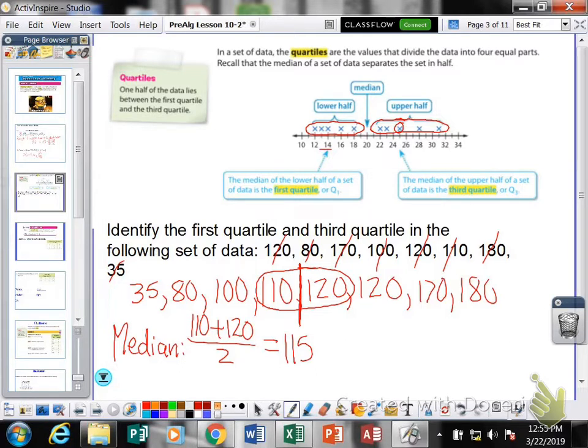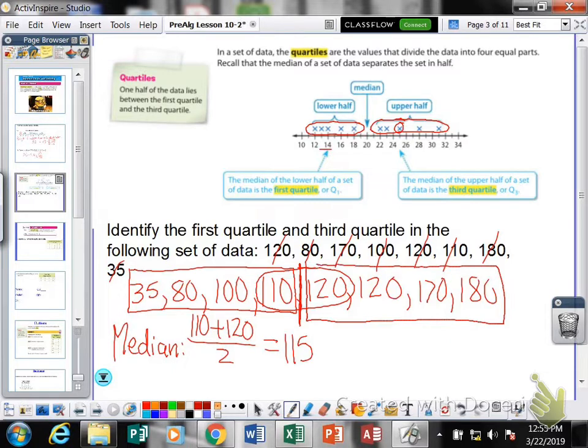So now we want to find our Q1 and Q3. To do that, we first have to box off our lower half of the data. My lower half of the data in this case is going to be these 4 numbers here, on the left side of the median, and my upper half is going to be on the right side of the median. So it's going to be these 4 numbers here.